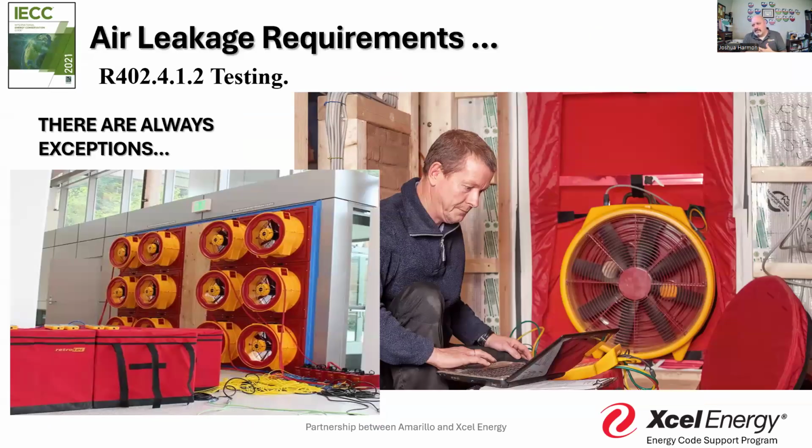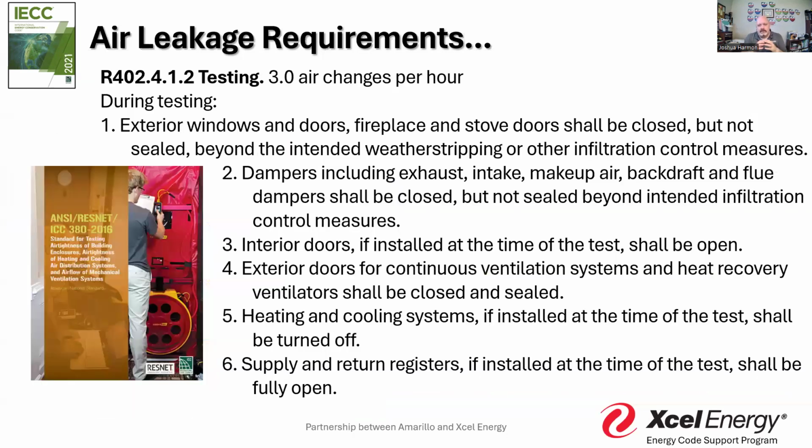And when we think about the testing expectations that we see in the residential code specifically, I always want to remind us that there's always exceptions, right? There's always going to be an exception. But generally, when we talk about air leakage controls, the expected goal is 3 air changes per hour. Now, one thing we saw in the change from 15 to 21 is we went from 3 to 3.0, right?